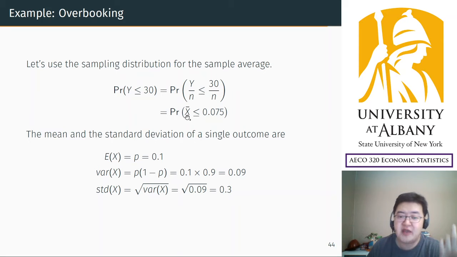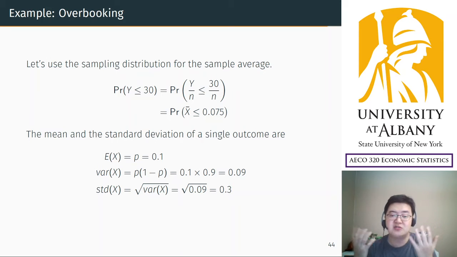To get the mean and the standard deviation of x bar, we need to know the mean and the variance of a single observation. In this case, a single outcome is a binary variable. That's the assumption. In our example, it's cancellation or not. Cancellation is 1 and non-cancellation is 0.